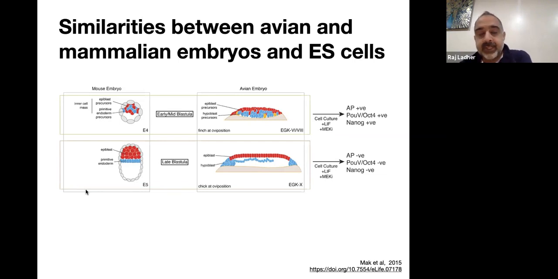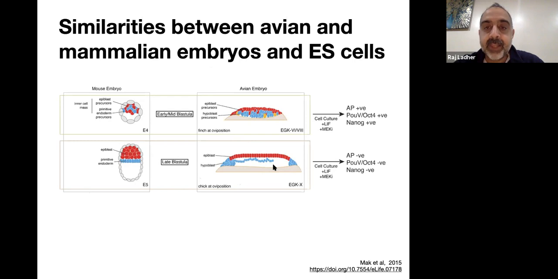This is actually one of my papers, where we looked at two different bird embryos, the finch embryo and the chick embryo. We found that at oviposition, meaning when the egg is laid, the finch embryo is much earlier than the chick would be.